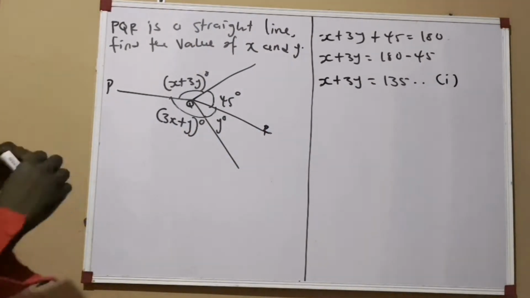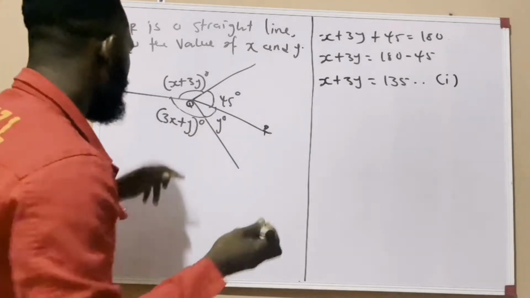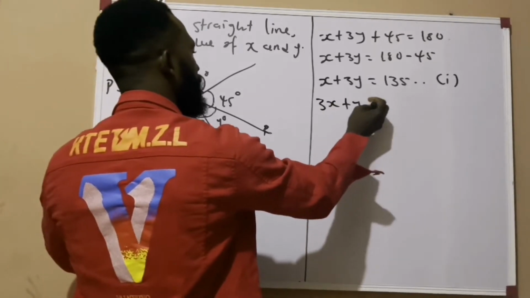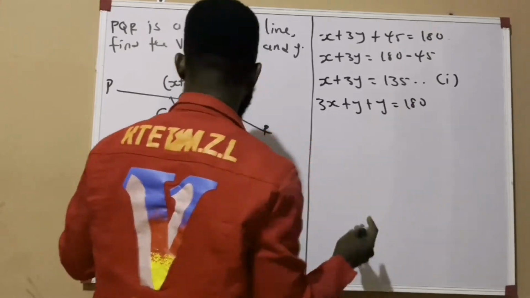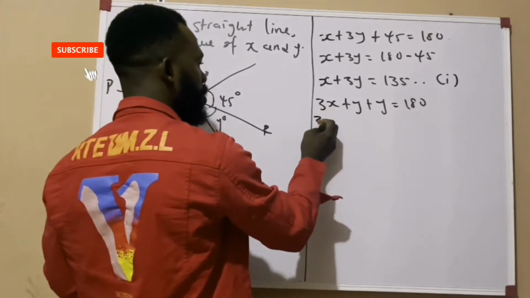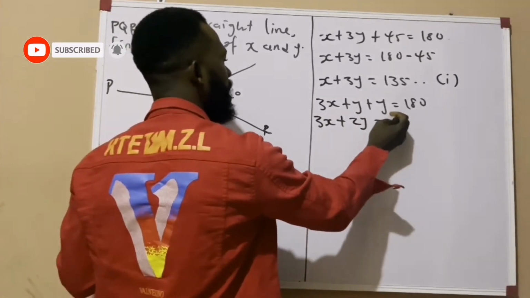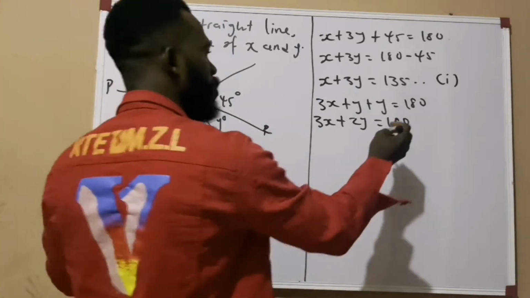So here we can see equation 1. Okay, let us solve the 3x plus y and y degree. So here becomes 3x plus y plus y again equal to 180, the sum of angles on the straight line. Now 3x plus y plus y gives us 2y, so 3x plus 2y is equal to 180. We can call this equation 2.